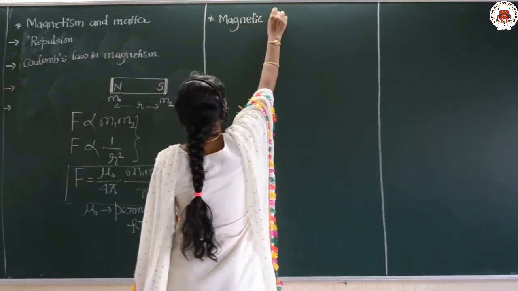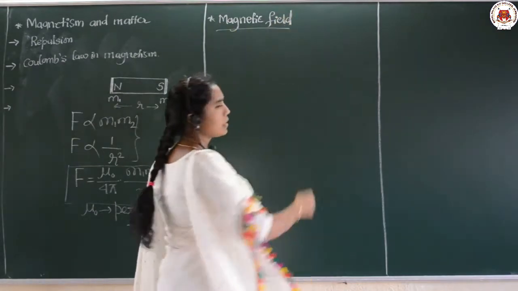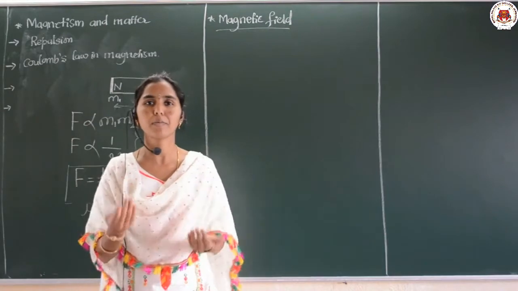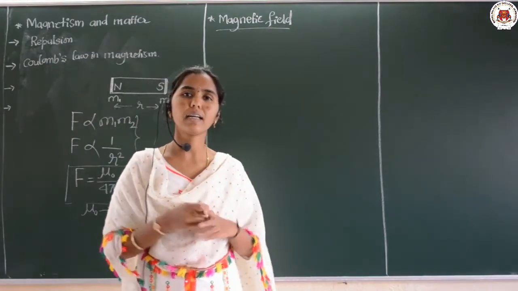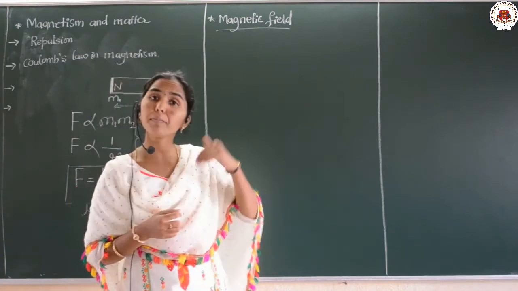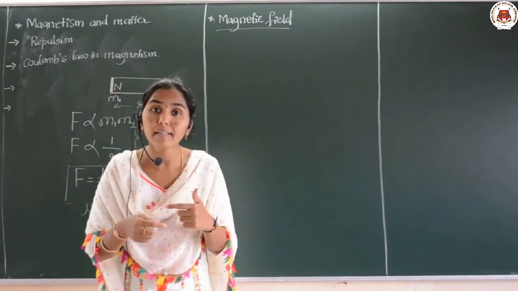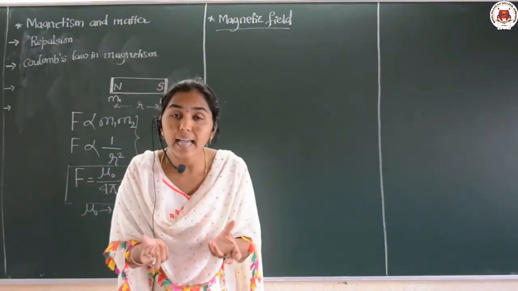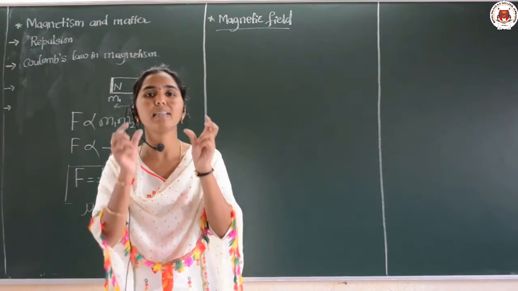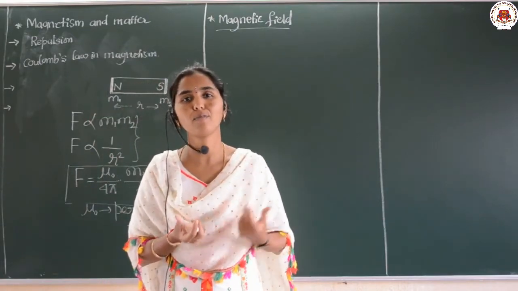Magnetic field. Yes, what is the magnetic field? For the electric field you can answer that it is a space around the electric charge where the charge experiences a force. Then what about the magnetic field? Same only. This is also an area around a magnet in which another magnet can experience a force.